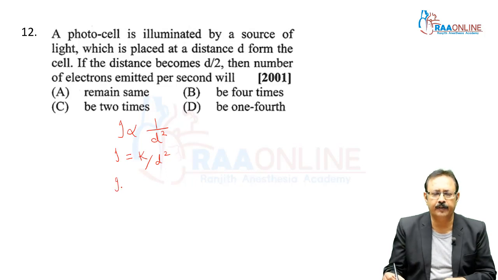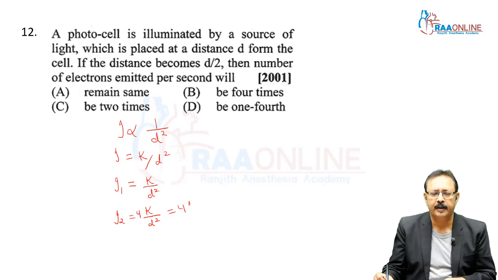Initially intensity was I1 when distance was d. Now you make the distance d by 2. What will happen to intensity? d by 2 square means d square by 4. What you are getting is an extra 4 in the numerator.